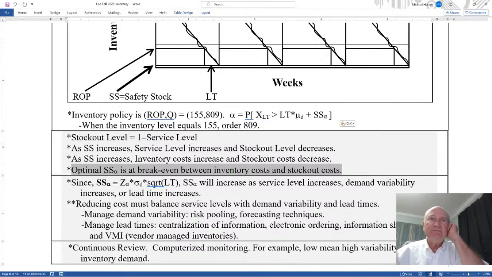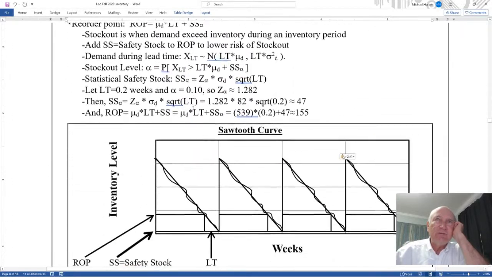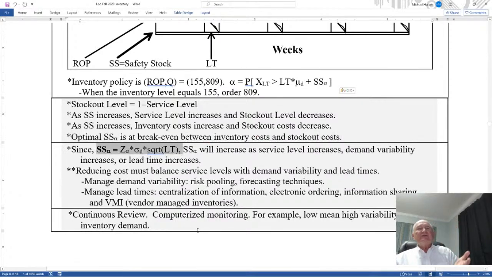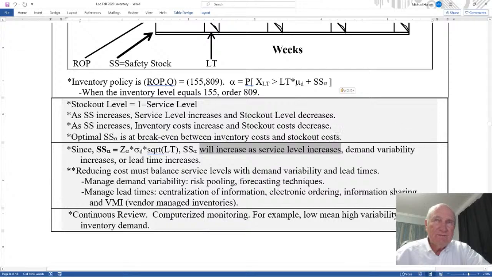Conceptually, that's what we're doing. Well, from that, I go through my derivation up here, and I come up with this equation. Now, the derivation is not important. The equation is important because you have takeaways here. The safety stock will increase as the service level increases.